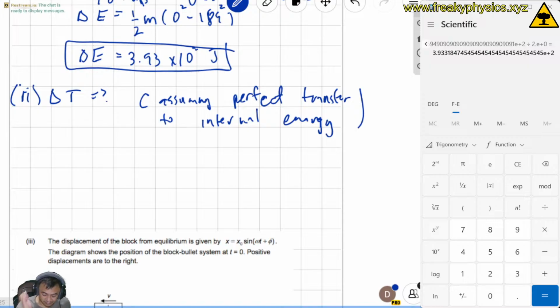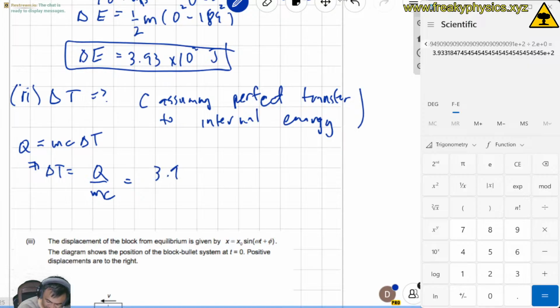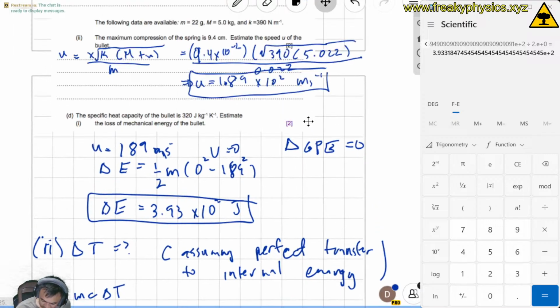Since that's all going to be transferred, that's your Q. The formula is Q equals mc delta T. So delta T is just equal to Q over mc, and that's our Q, 3.9, let's just use 393 joules divided by 0.022 kilograms times C, which is given.